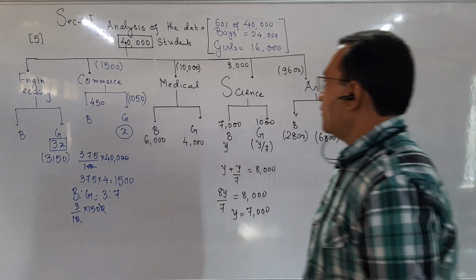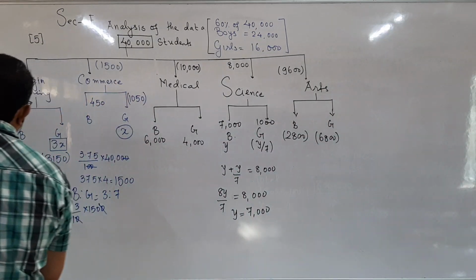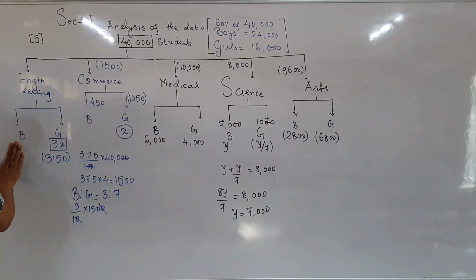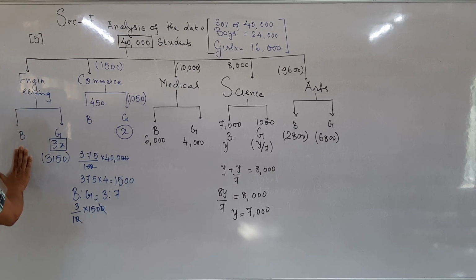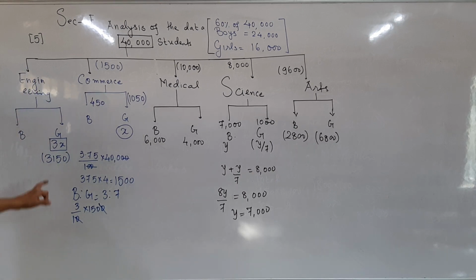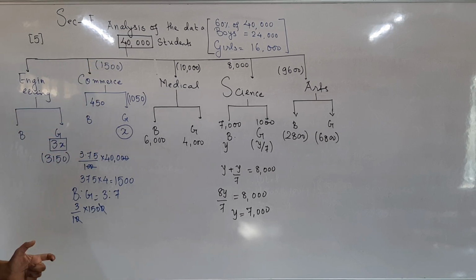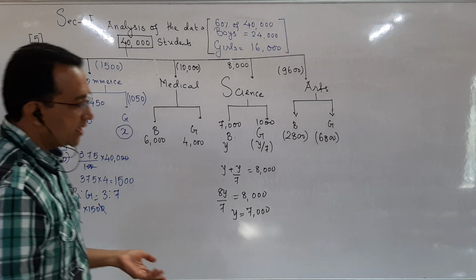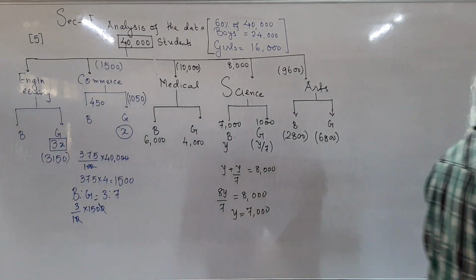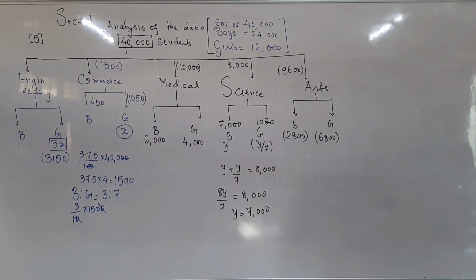Now we have to find boys of engineering faculty, which is not given. There are two ways. Add all the boys and subtract from 24,000. We get that also. Students, total number of boys, you can say, is 24,000 minus, if I subtract, this is 7,750.